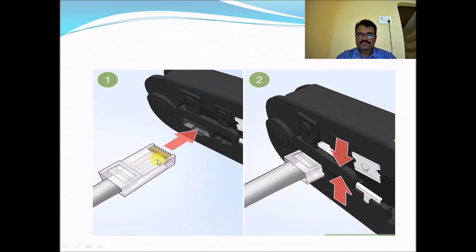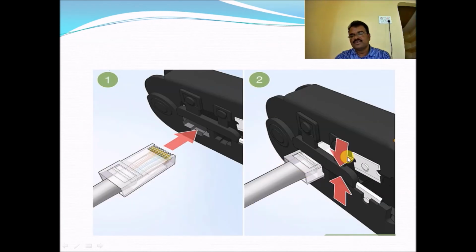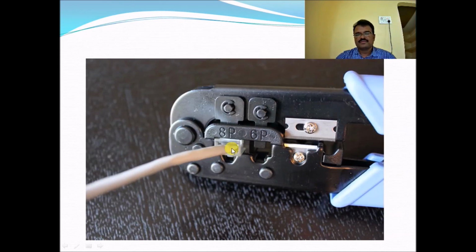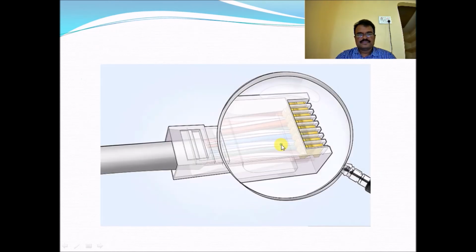So we have to insert it and we have to press the crimping section. We have to squeeze and release the handles, and we have to squeeze like this. So like this, we have to insert in the crimping tool and press, and then release the crimping tool.